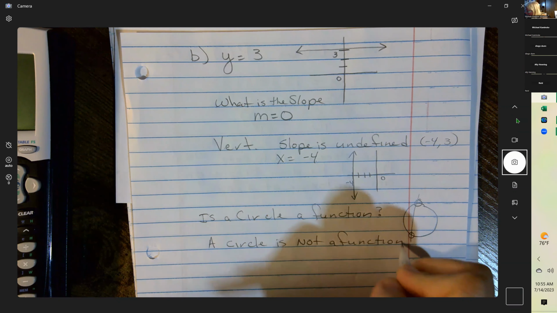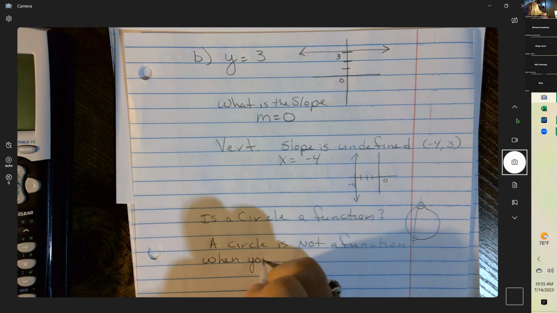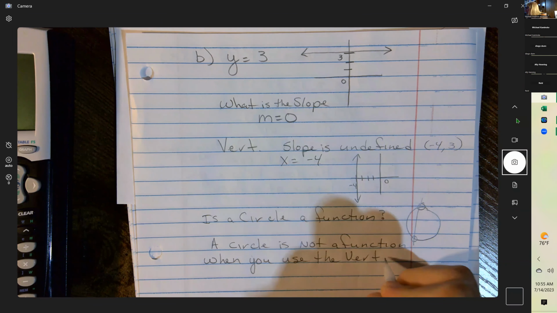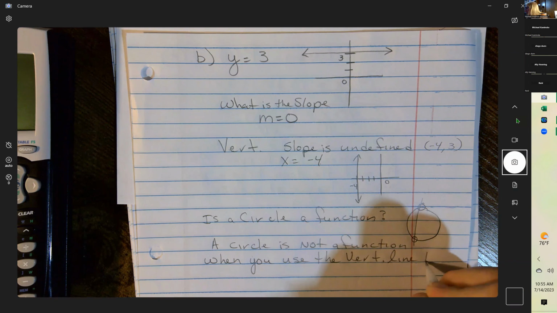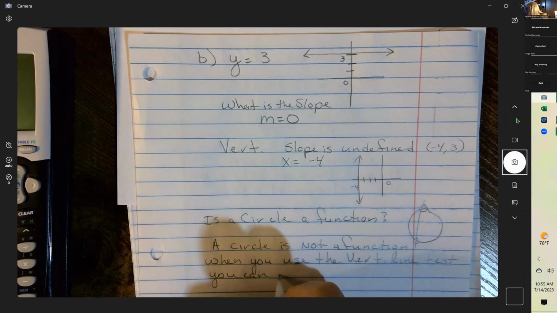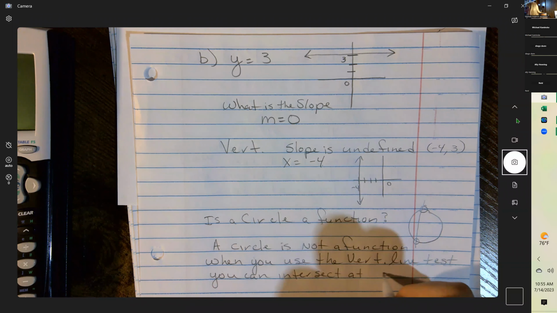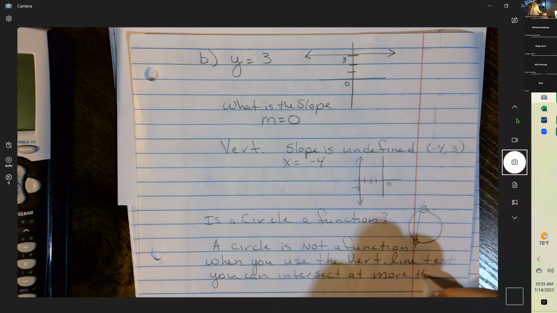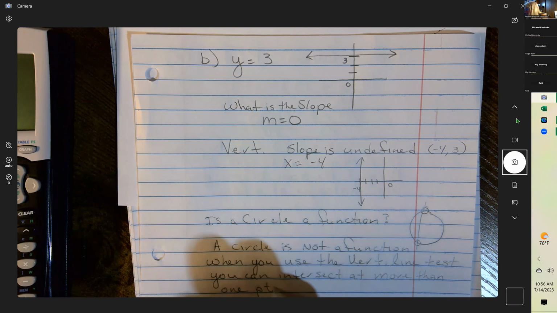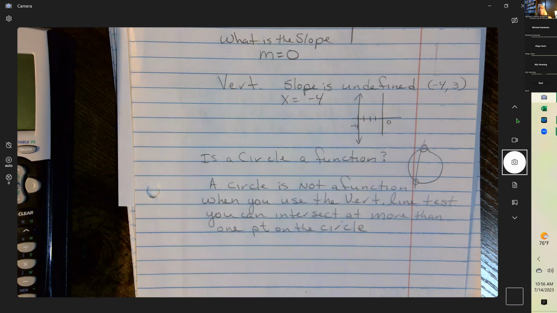A circle is not a function when you use the vertical line test.